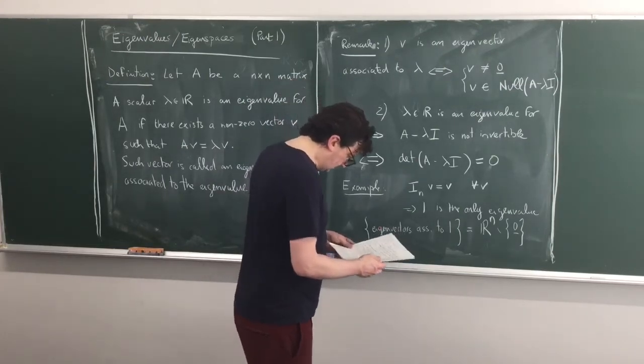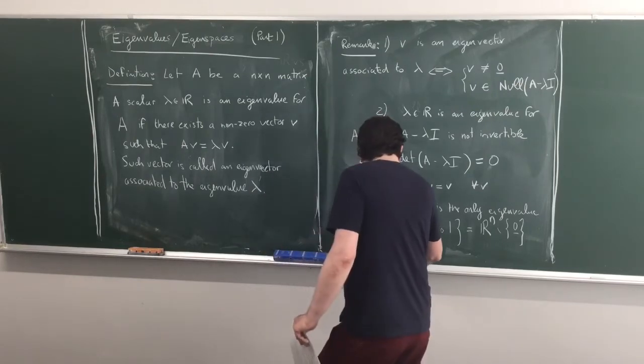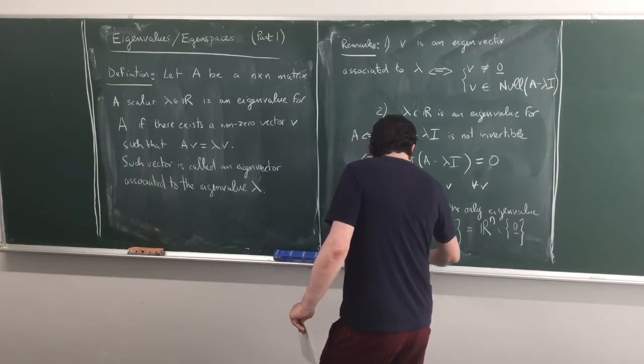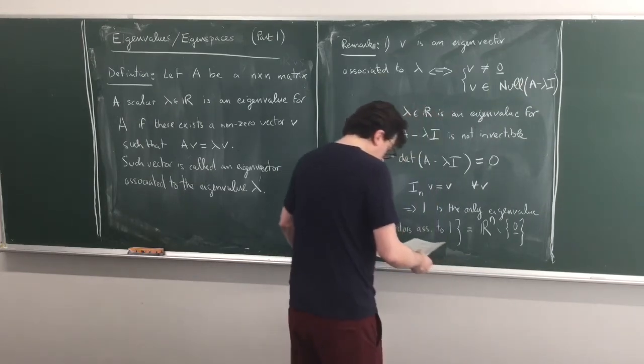All right. Now, the determinant of A minus lambda identity, where here A is the identity matrix.